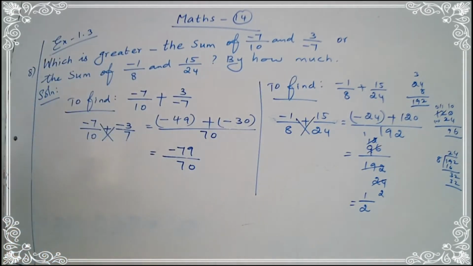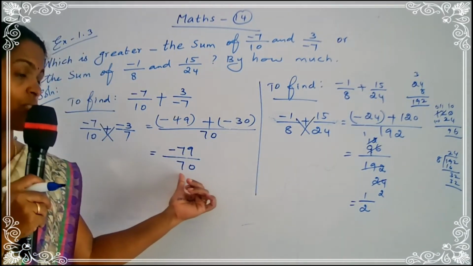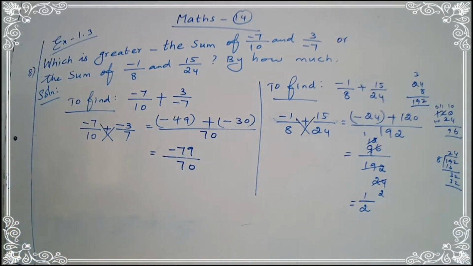Okay children? Are you clear? Yes. Now you compare. Which one is greater? The first value is minus 79 upon 70 and the second value is 1 upon 2. Which one is greater? Surely the greater value is 1 upon 2. Why? It is a positive rational number. Comparing positive and negative, the positive value is the bigger value.